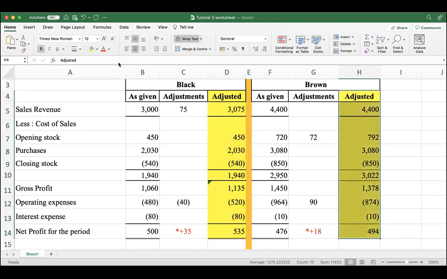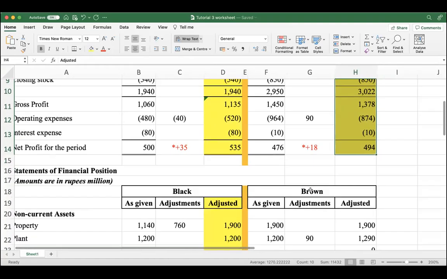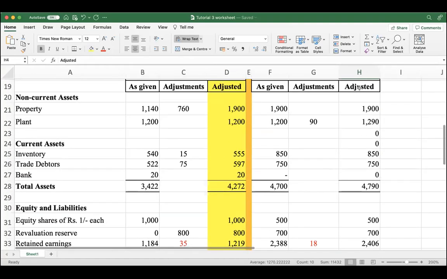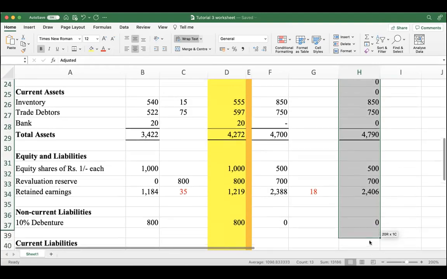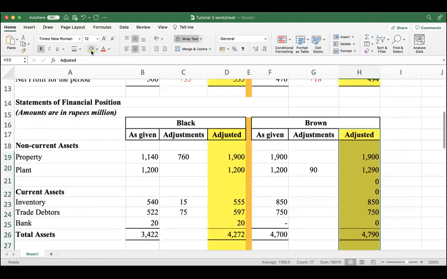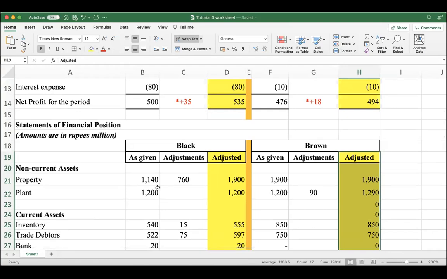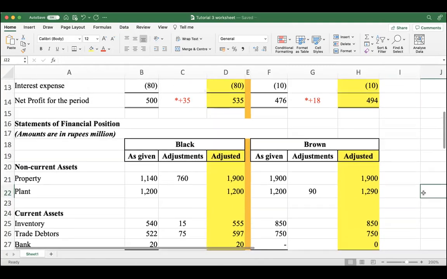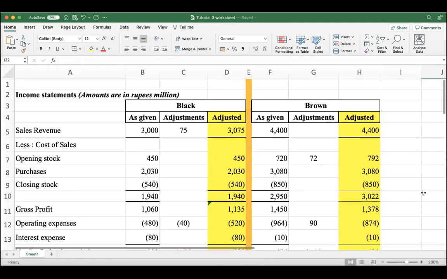Otherwise, there is no point in doing the accounting analysis. So hereafter, you are going for these adjusted values, because these are the values suitable for the analysis. So this is how practically you start the analysis.